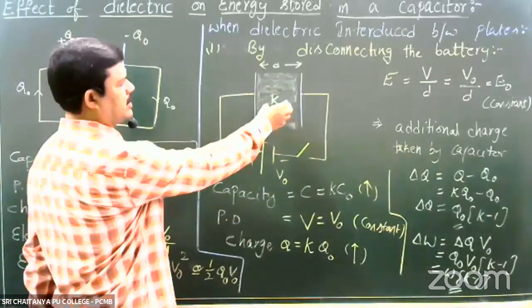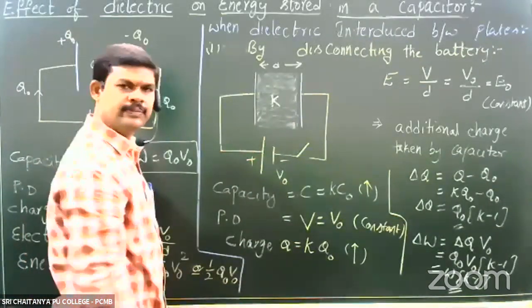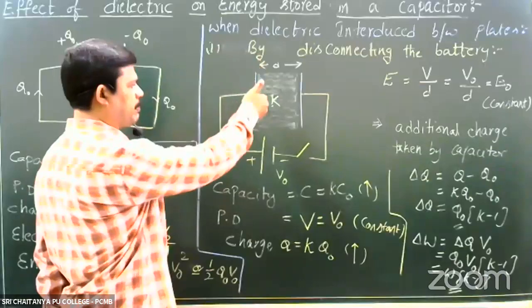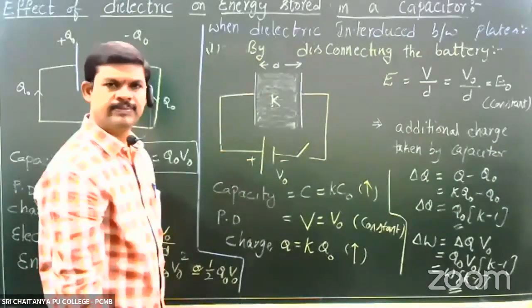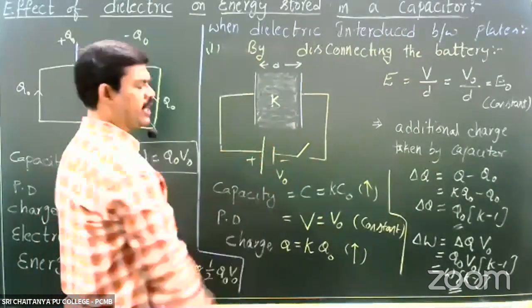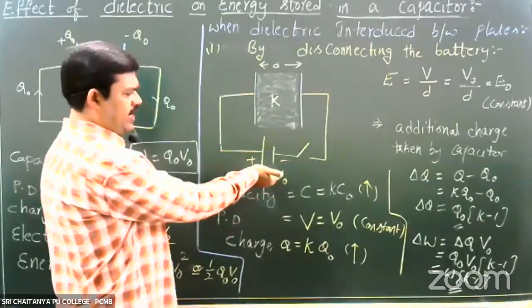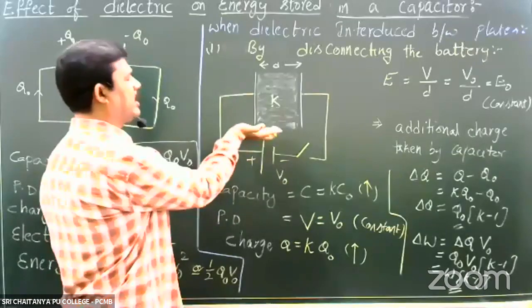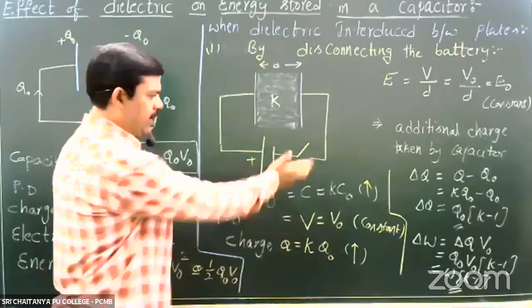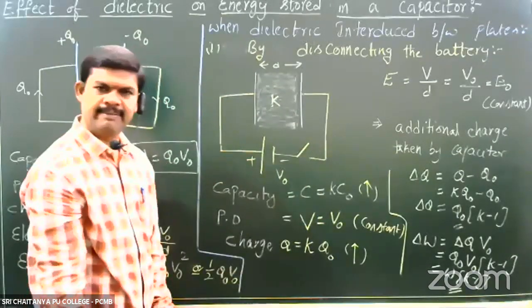Once I introduce this dielectric slab, the potential difference of this capacitor decreases. As in the previous case, when it was in connection, it took some more charge and brought it to the original level. But here it is disconnected.